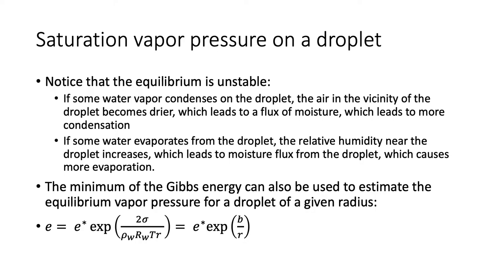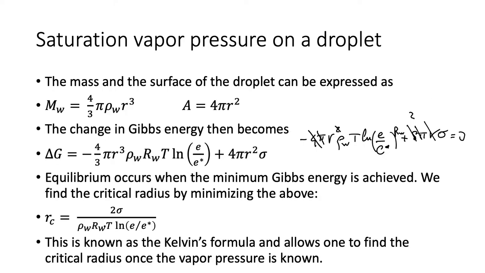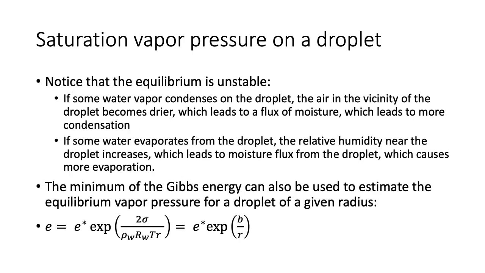Well, you can take this formula and, starting from here, instead of finding R, you can solve for E, and what you end up is something like this. So E equals E star, saturation vapor pressure, times this exponential, where b is a factor that has the dimensions of a length scale, 2 sigma over rho W R_w times T. Okay?